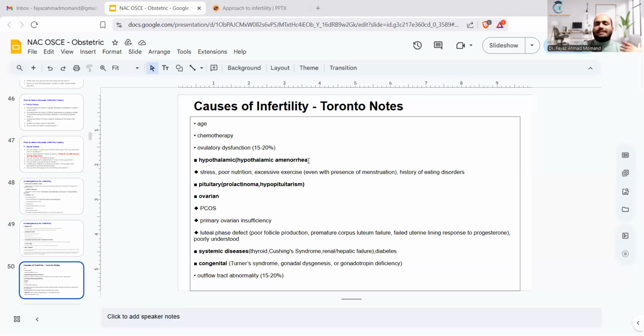Now, another thing would be women who do not have any menses. In those cases, it could be either hypothalamic or ovarian. So, hypothalamic amenorrhea is caused by stress, poor nutrition, excessive exercise, or eating disorders.